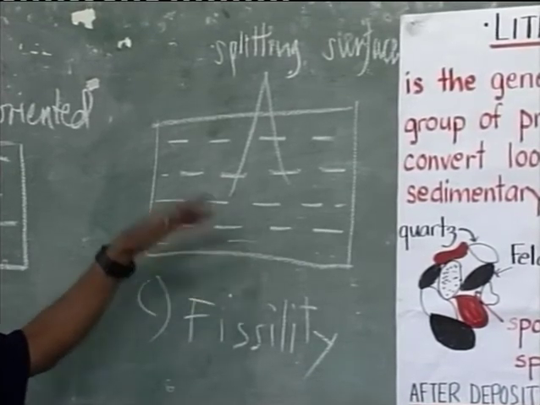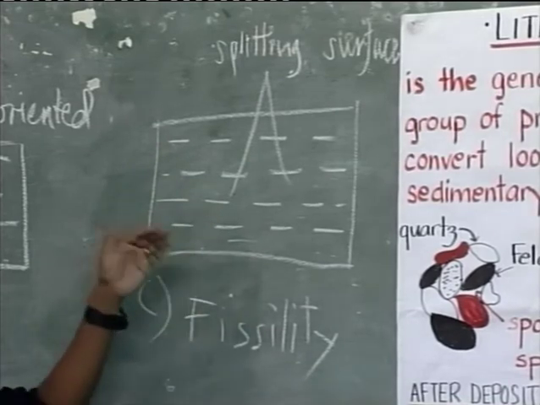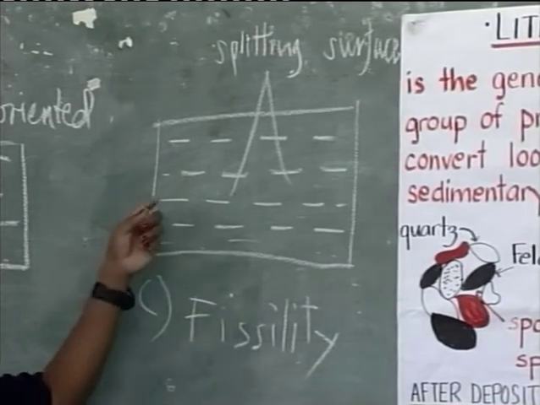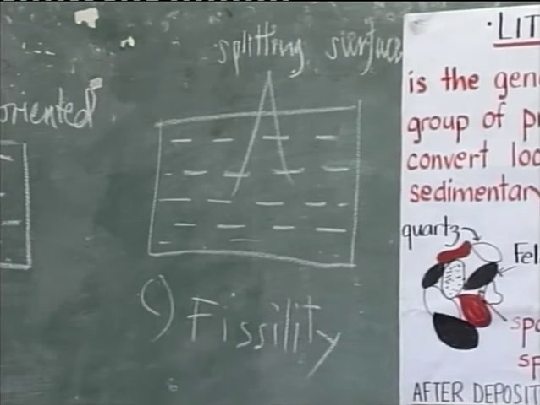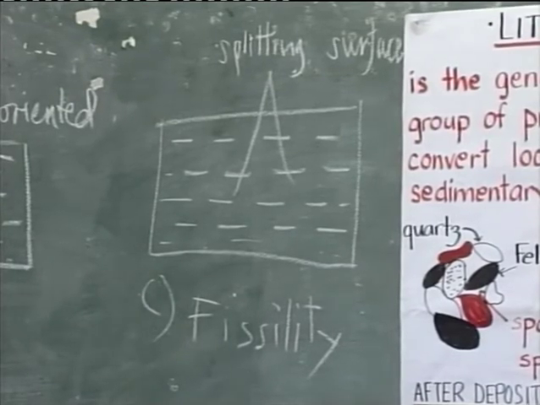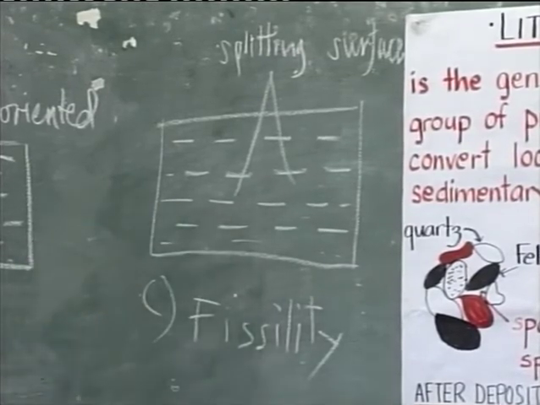But note also, they have made note of the splitting surface, which is supposed to be laminations, and also the ability of this particular rock to split, given the term fissility. So fissility is the term we use to refer to the ability of shale to actually split, and lamination is generally the surface where splitting takes place.